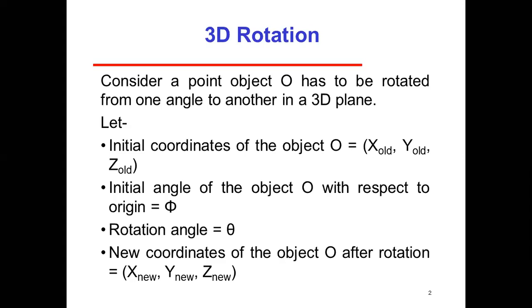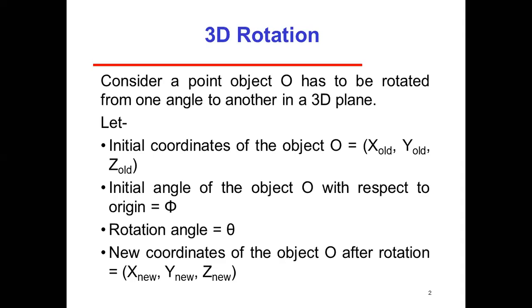So to enhance the visibility of the object, we are using the 3D plane, because there are some faces which we cannot see in the 2D transformation, or we can say in the 2D plane. That's why we choose the 3D plane, and we can see the object from all sides.